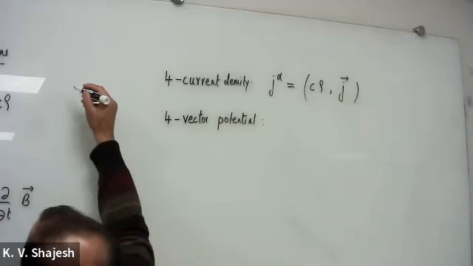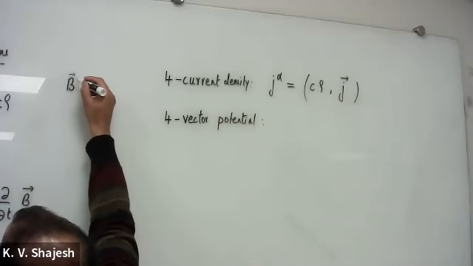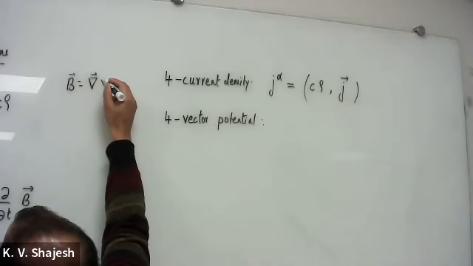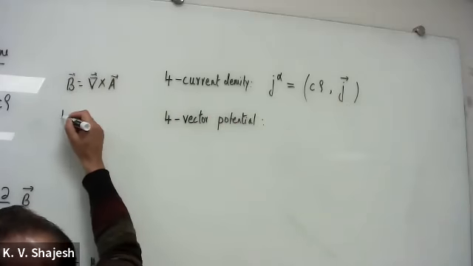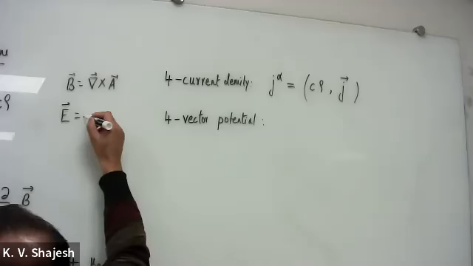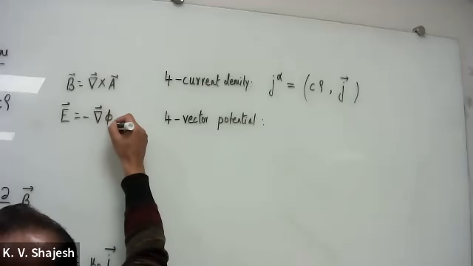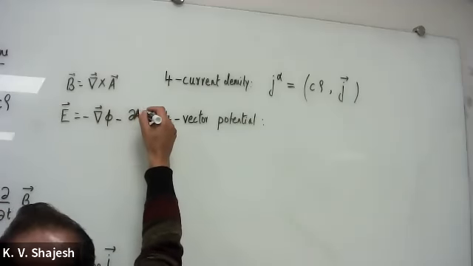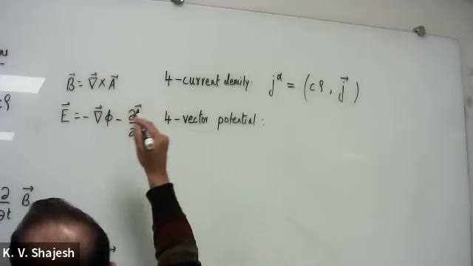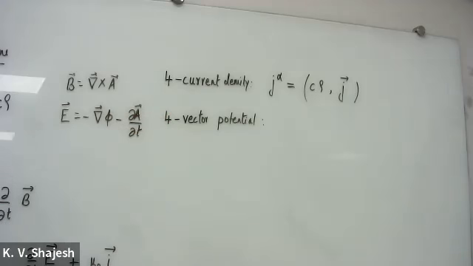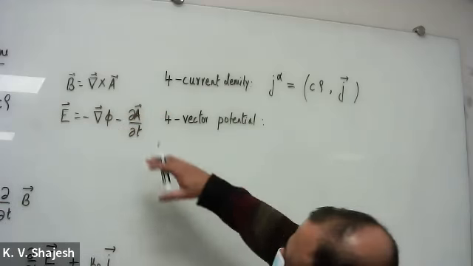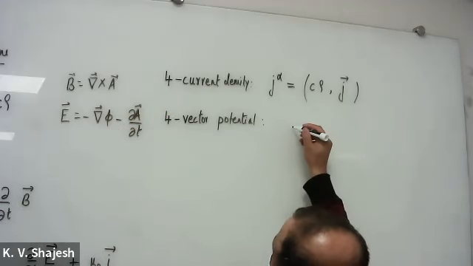Then we define the vector potential. Remember, I should remind ourselves that B is equal to del cross A, and the electric field is equal to negative gradient of the scalar potential minus ∂A/∂t. That's your electric and magnetic field. Then you ask, how do these potentials go together?